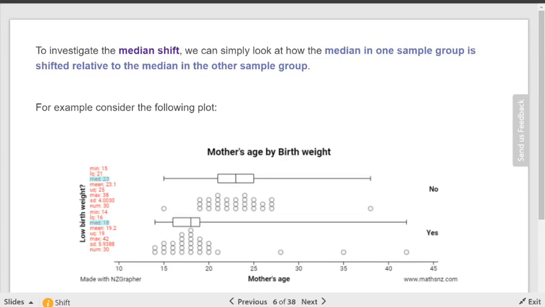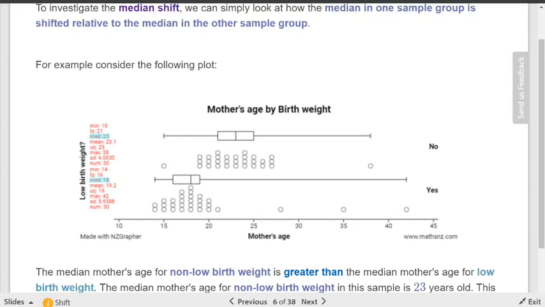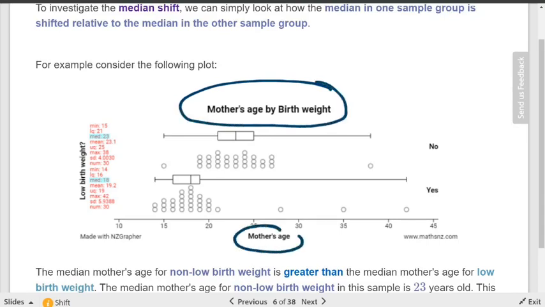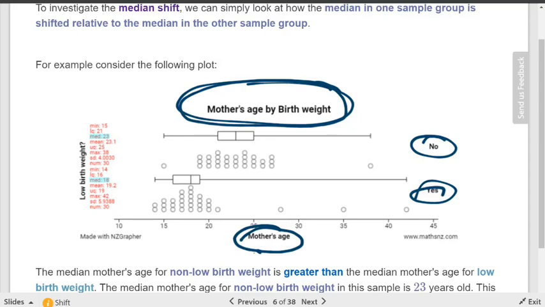One of the reasons I love this lesson is if you look at this, it is an exact replica of what you're going to get on NZ Grapher. So when you do the graph, once you import your data and select your two sets of data that you're going to be comparing, and you label it, right? This label and these labels will automatically appear because you imported the data, but you have to give it a title, right?